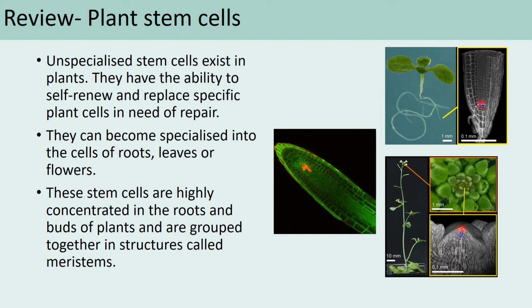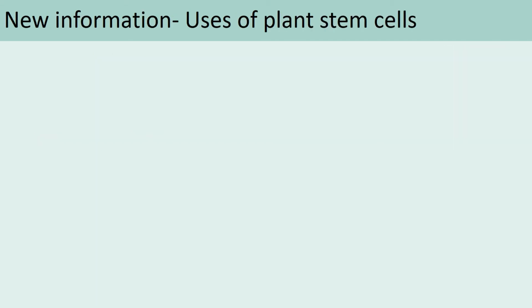They have the ability to self-renew and replace parts of the plants. They can become specialized into any parts of the plant, so roots, leaves, or flowers. And they're often highly concentrated, so there's a lot of them at the tips of roots and shoots in structures called meristems. So that's what we were looking at last lesson.